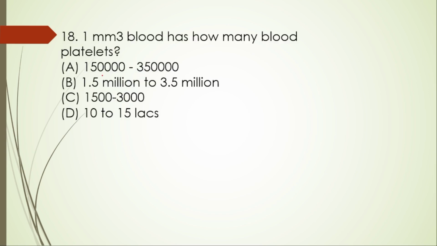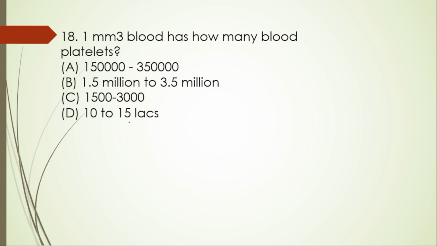Next question, question number 18. 1 cubic millimeter of blood has how many blood platelets? Option A: 1,50,000 to 3,50,000, B: 1.5 million to 3.5 million, C: 1,500 to 3,000, and D: 10 to 15 lakhs.